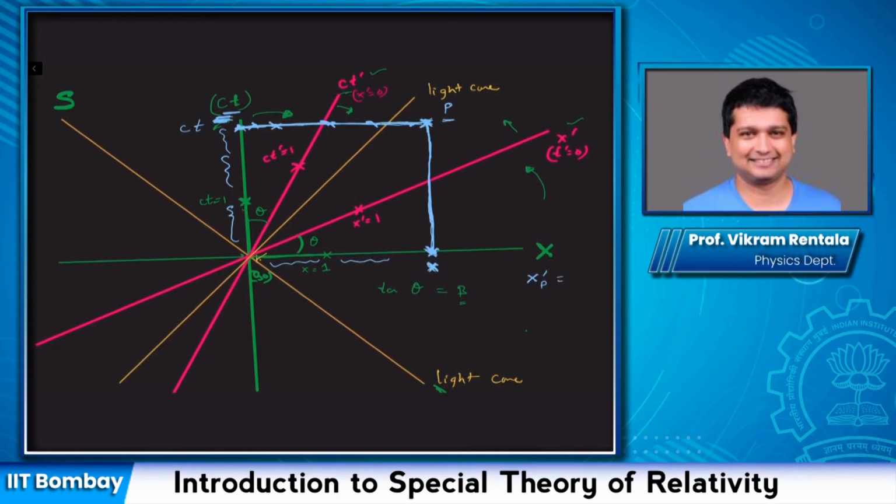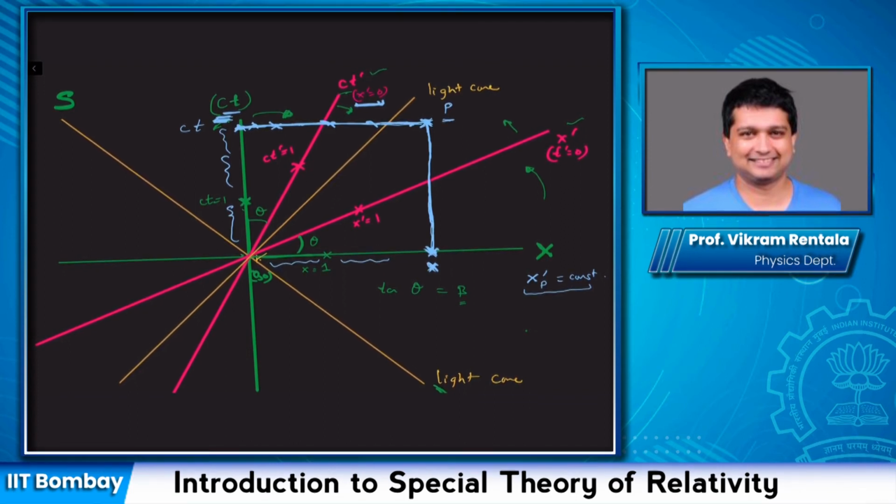That is, we're looking for the line where x prime P is constant. You can easily convince yourself that this line will be parallel to the x prime equals 0 line, and therefore we get a line that passes through P and is parallel to the x prime equals 0 line.